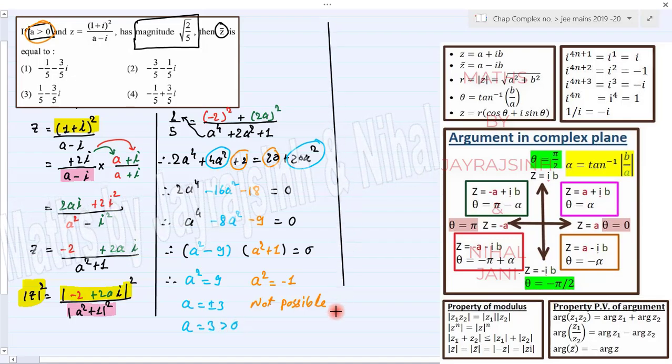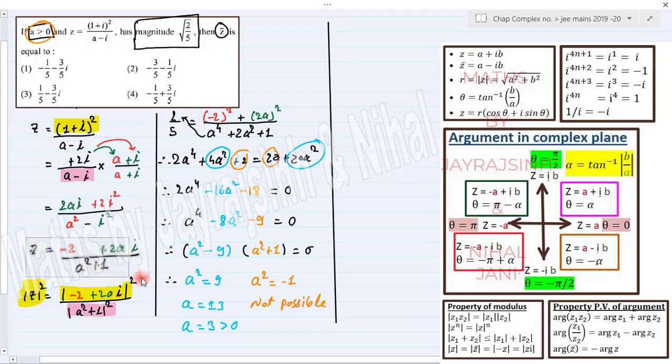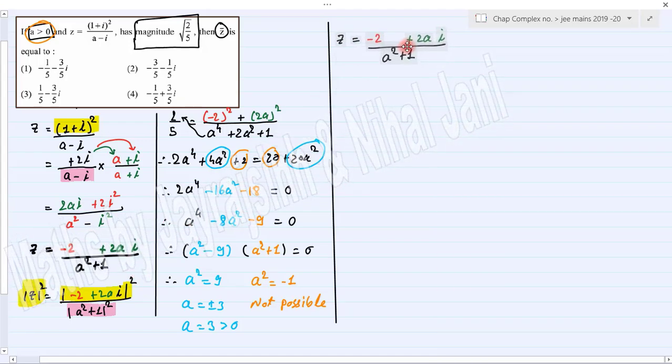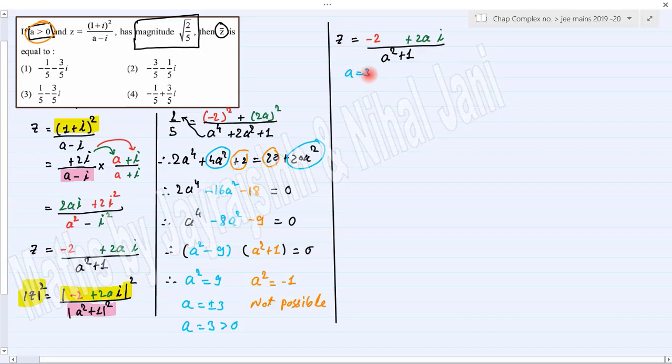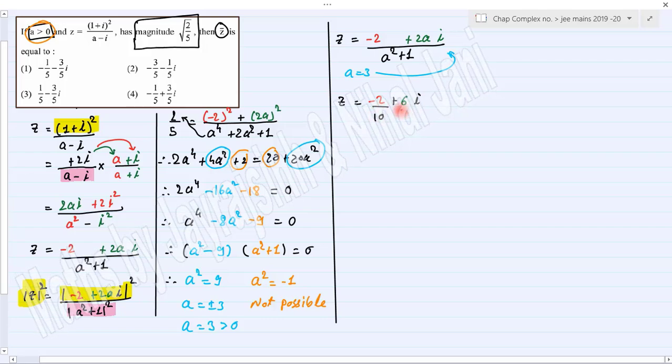Now don't forget, we have to find out the conjugate of complex number z. So let's simplify complex number z and substitute the value of a is equal to 3. So we will get z is equal to minus 2 plus 6i upon a square plus 1, or we can say 10.